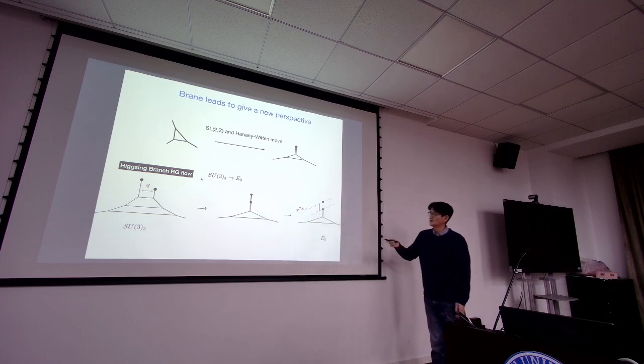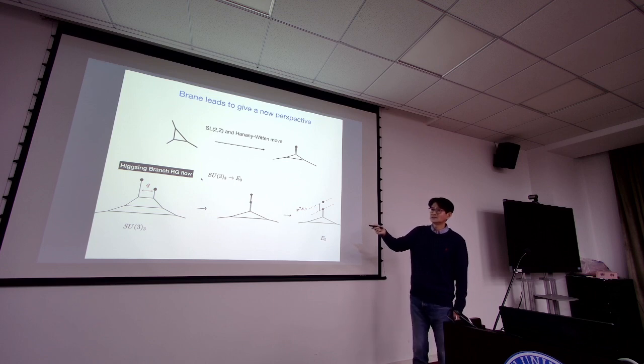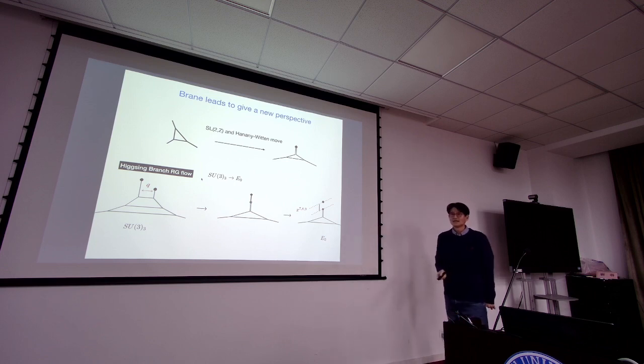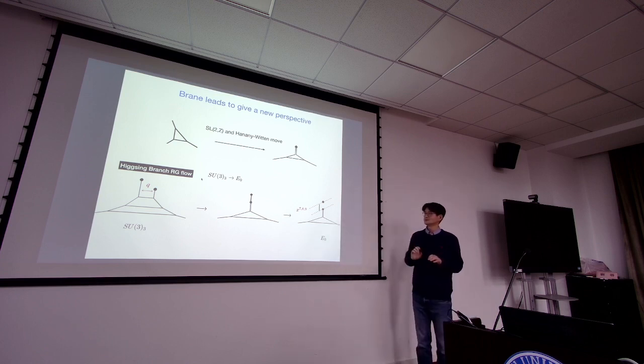Once the Higgsing is taking place, this brane is reorganized such that the S fiber is connected by these two 7 branes, and these two lines are only connected by the middle 7 branes. After that, they are completely out of this system.